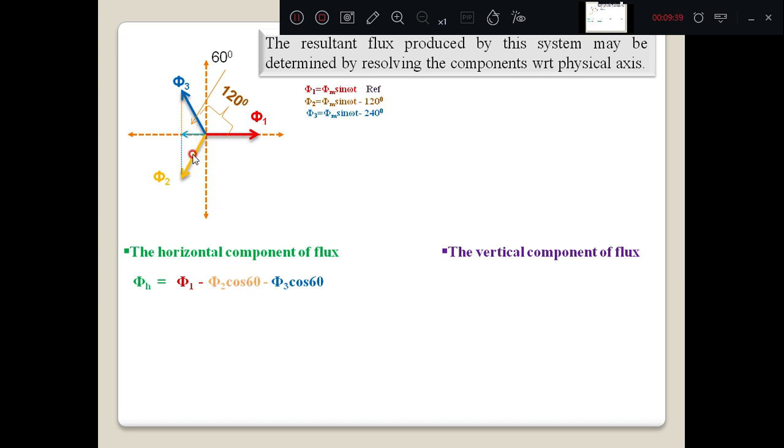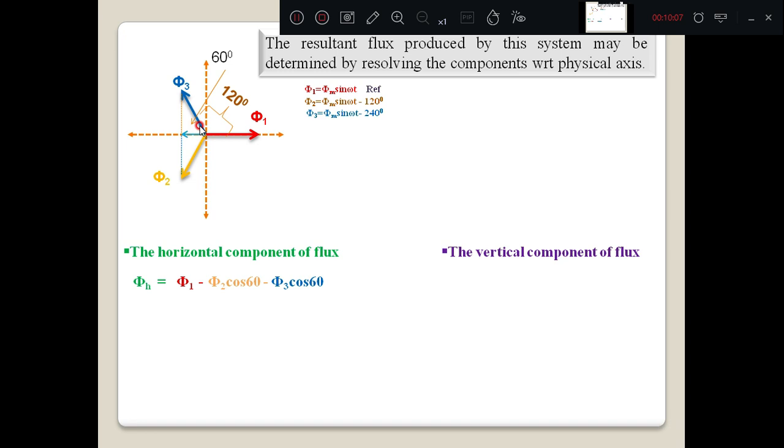Phi 2 cos 60 is the x component of phi 2, but it is acting in the negative direction. I take it as phi 2 cos 60 because this angle is 60, with the hypotenuse being phi 2, so I get minus phi 2 cos 60. Similarly, once again you consider this triangle, because I am interested in the x component of phi 3.